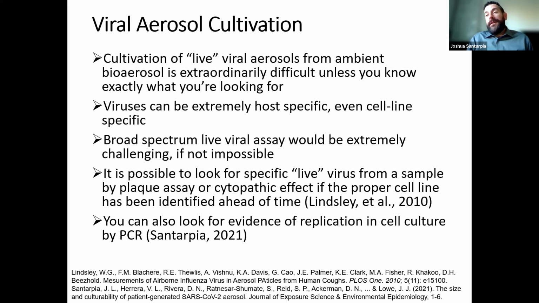These Vero cells are convenient because they express a lot of things, but they aren't the virus's natural host, and that comes with some complications. A broad spectrum live viral assay would be extremely challenging, if not impossible. I think in many cases, something like a Vero cell is the closest thing we have, because you can culture quite a few human viruses in Vero cells, but it's certainly not far from complete.